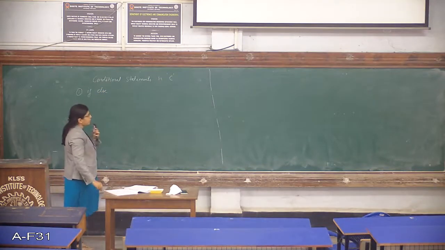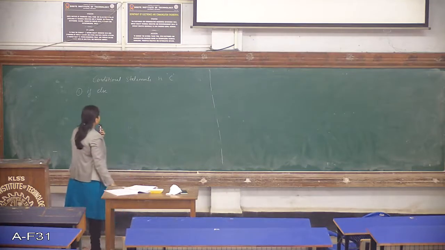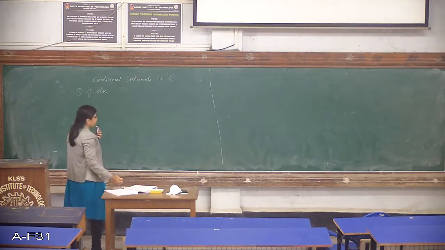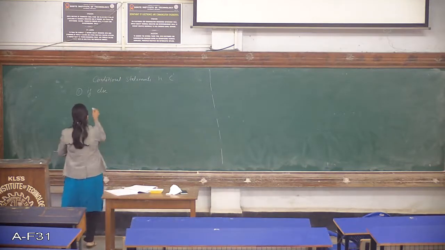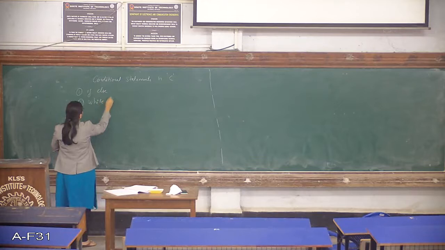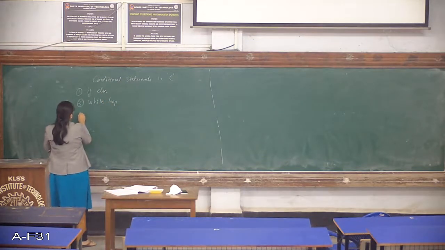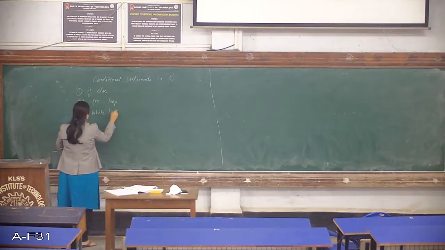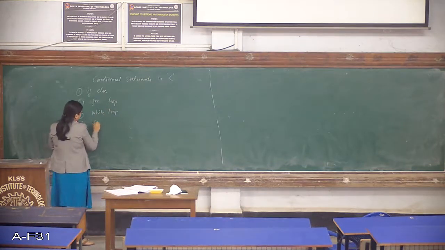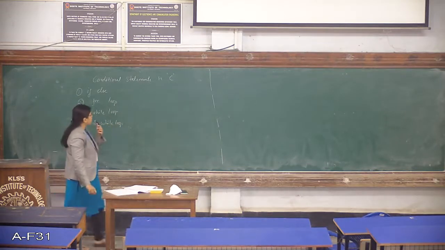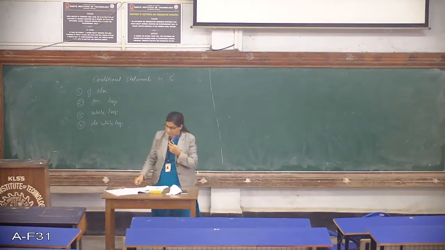In any ARM processor, you have these conditional statements. We can have if else, then we can have the for loop, then we have a while loop, and the last we have is a do while loop. So these are some of the conditional statements in C program which we have.